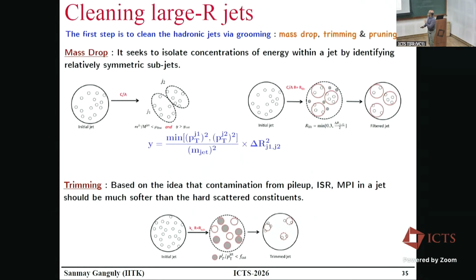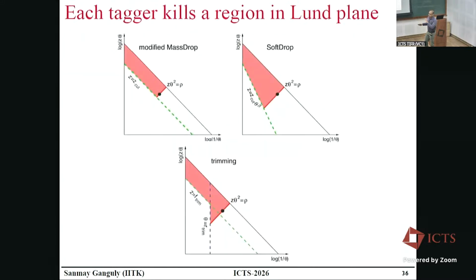Okay, so I won't spend time on this, but mass drop, trimming, etc. are just different ways to address the same question: how probabilistically we say that something is a top versus a Higgs versus a gluon. And all of this essentially goes back to the initial construction of the representation of a jet in the Lund plane.